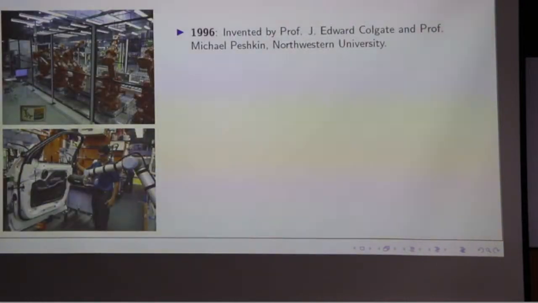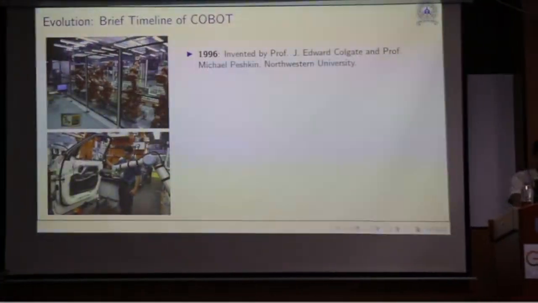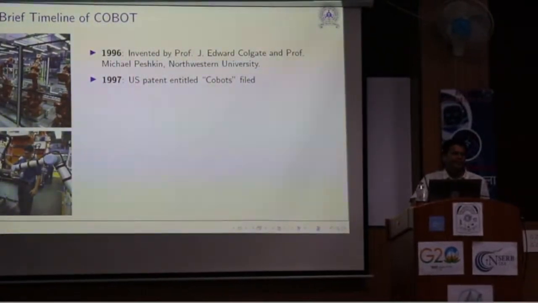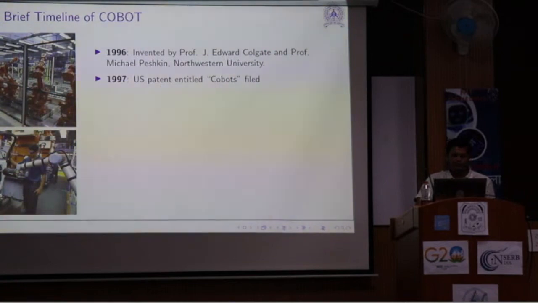Yes, it was invented by Edward Colgate and Peshkin of Northwestern University, that is the first cobot. Then a US patent named cobot was filed. A company called Cobotics was founded by Colgate. Maybe that is why the term cobot, I don't know.